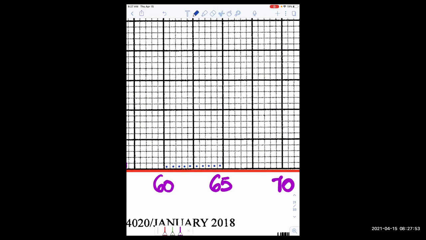So every 2 blocks, this will be 61, 62, 63, 64, and then 65. So every 2 blocks will represent 1 unit because of the interval that the question gave us. There are 10 blocks between the number 60 and 65. So every 2 blocks represent 1 unit.